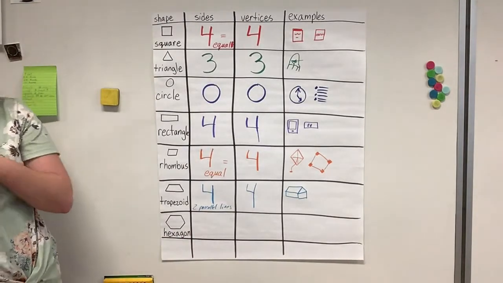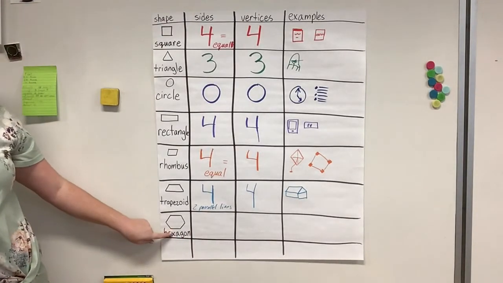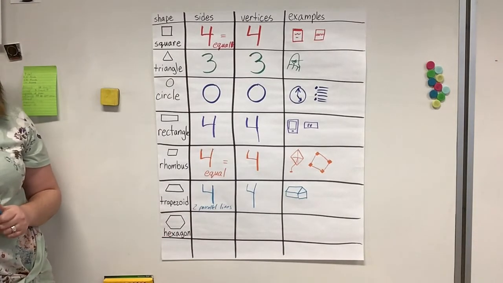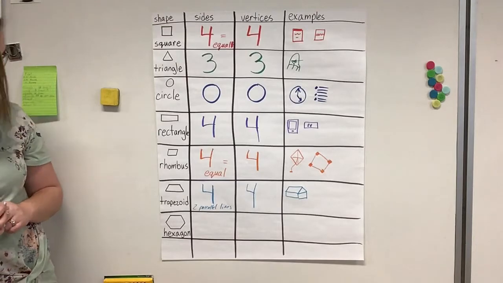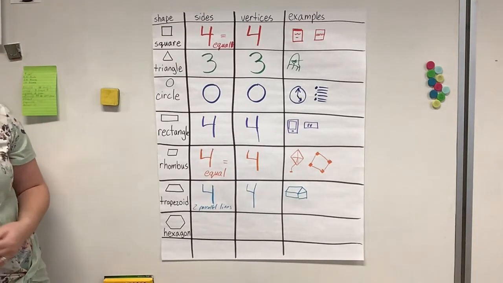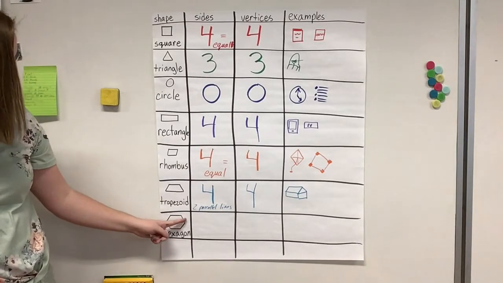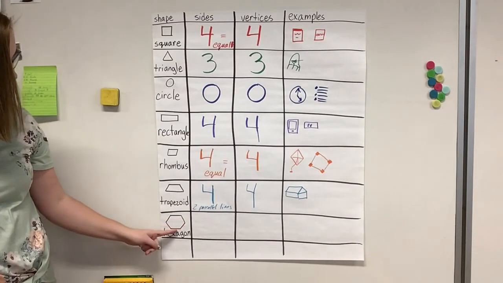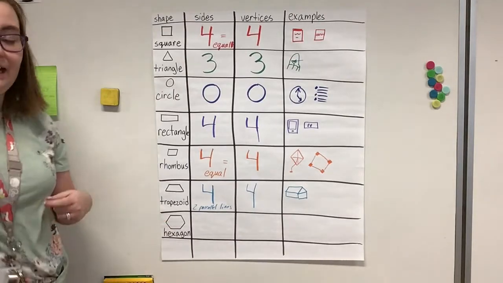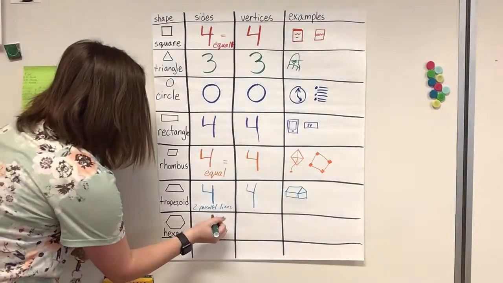One more. We're almost there. Anybody know what this one is called? A hexagon. So, hexagons. Let's count how many sides our hexagon has. 1, 2, 3, 4, 5, 6 sides. That's the most sides we've seen today.